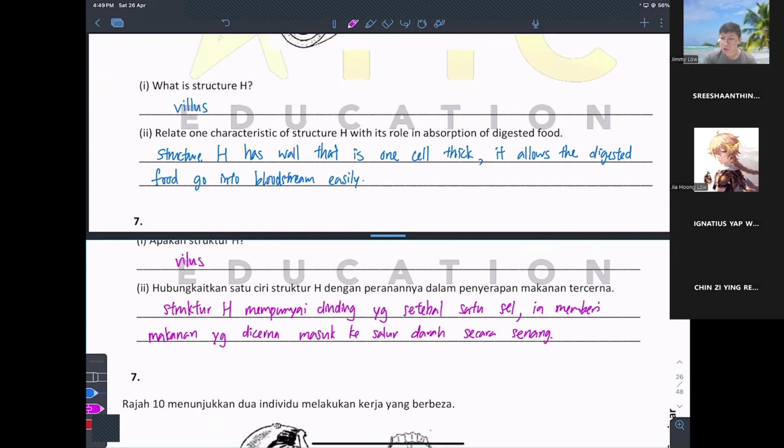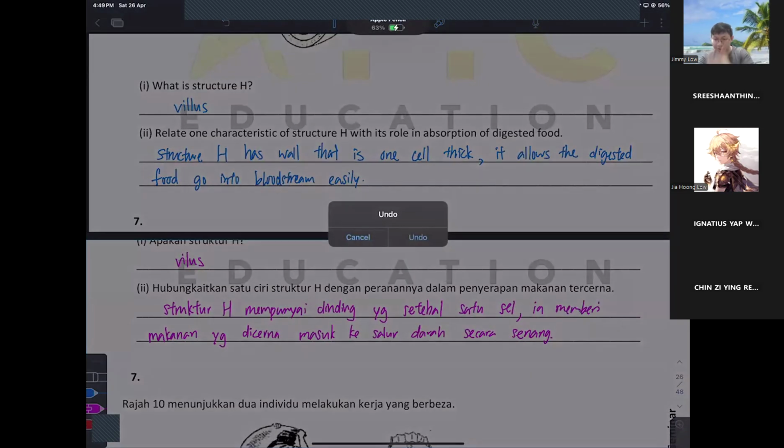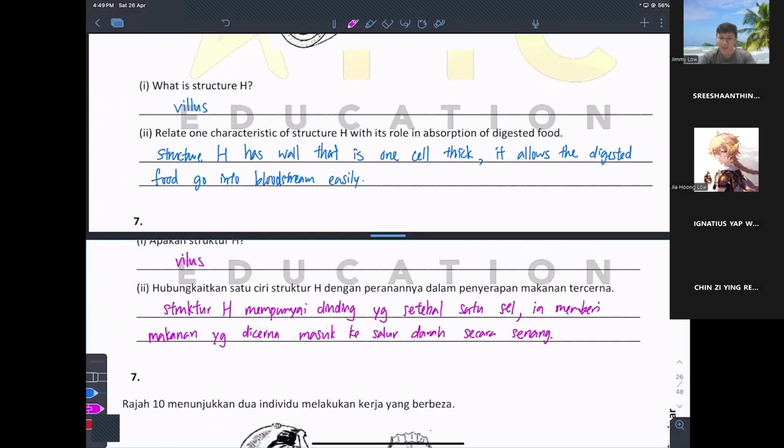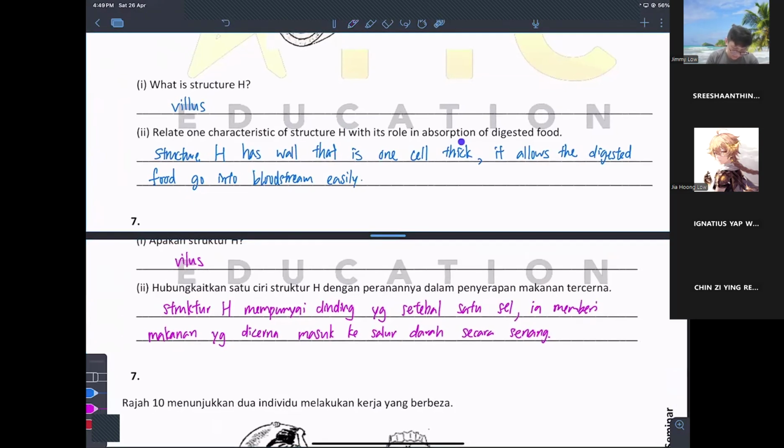Teacher, can I write "get absorbed easily"? If you just write get absorbed easily without the one cell thick part, you don't score the mark. So if you write structure H has a wall that is one cell thick, it allows the digested food to get absorbed easily, can.